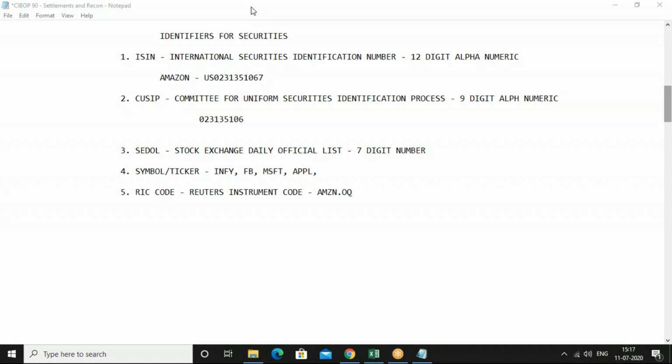So, for example, Amazon.OQ is a RIC code. Let me also clarify: you just need to know what is ISIN, CUSIP, SEDOL, symbol, ticker, and RIC code. So these are the five ways that are used to identify securities in the market. If you look at ISIN, the first two letters, it starts off with US, so that's a country code.